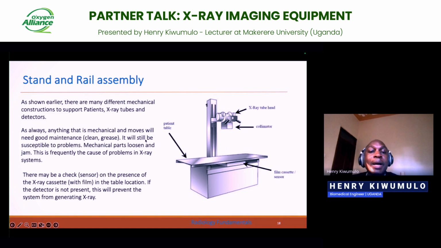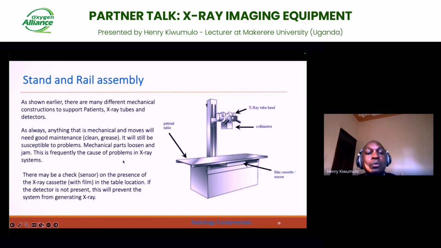So these are movable parts, and like any movable part, one needs to do good maintenance on these parts, like cleaning and greasing them, because sometimes they become susceptible to movement problems. Sometimes these mechanical parts get loose, and sometimes they jam up. So one needs to frequently check on them and see whether something could have happened, or something could even get stuck as one moves them.